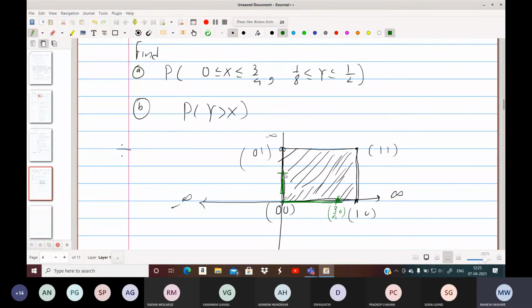So what is common of these two? Common of these two is this. You can draw two lines. This is line y equal to 1 upon 2, which will be parallel to the x-axis, and this is line y equal to 1 upon 8.